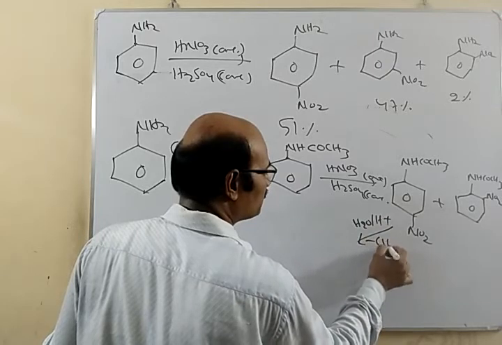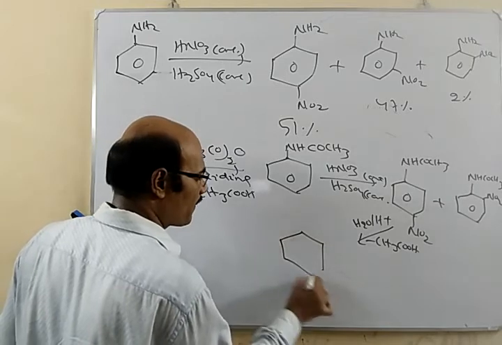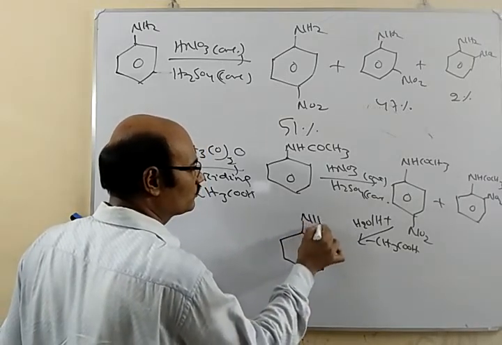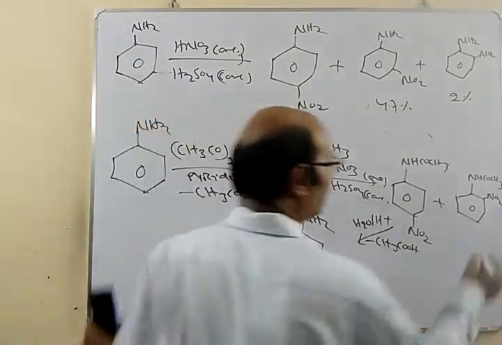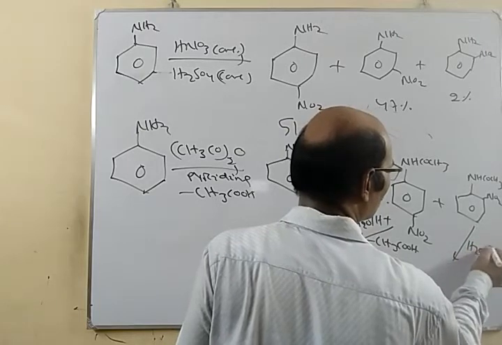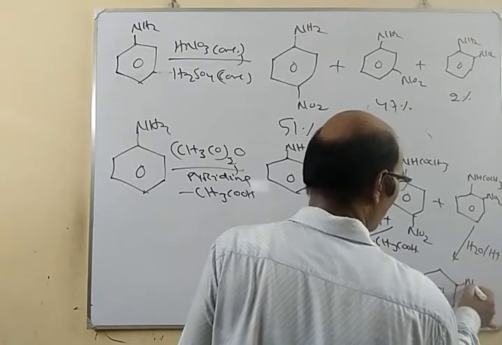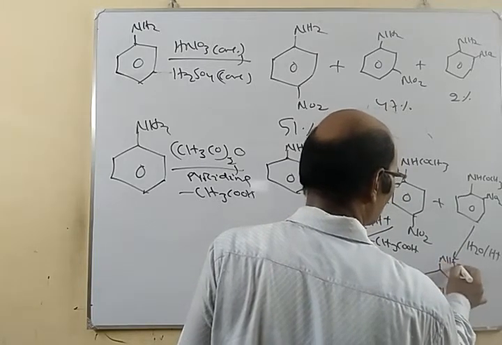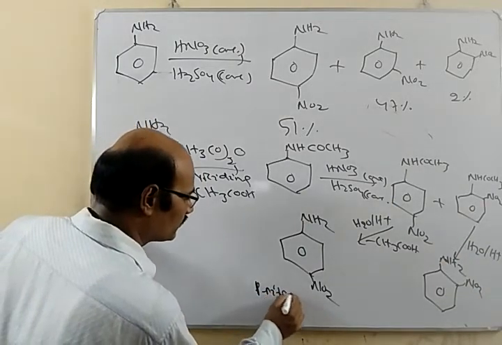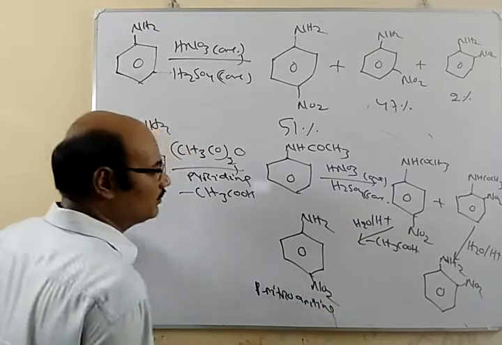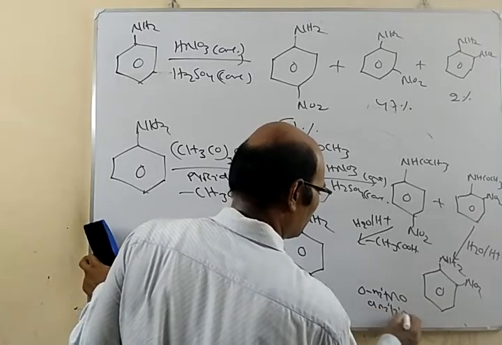Now with H2O and H plus, removing CH3CO, you get NH2 with NO2, para nitroaniline. Here also the same thing, with H plus we will get ortho nitroaniline. So para nitroaniline and ortho nitroaniline.